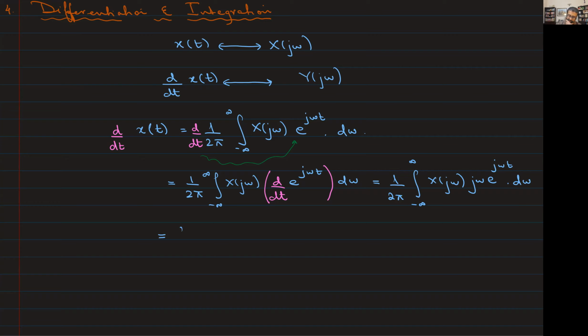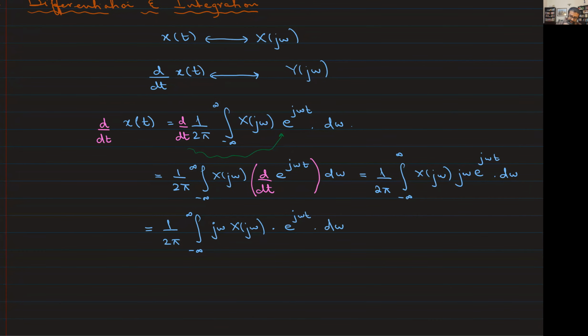So this is 1 upon 2 pi, and this integral is from minus infinity to plus infinity of j omega, x of j omega times e raised to power j omega t d omega, and this is equal to the derivative of x.